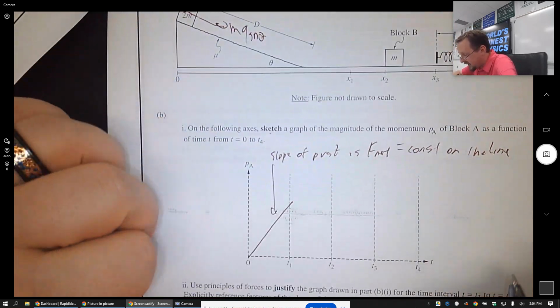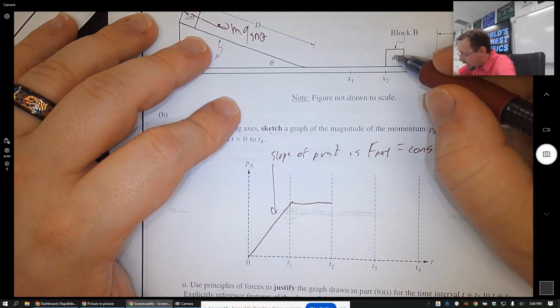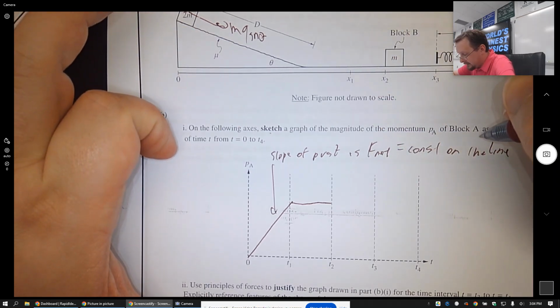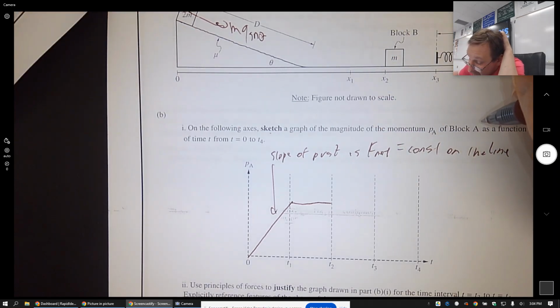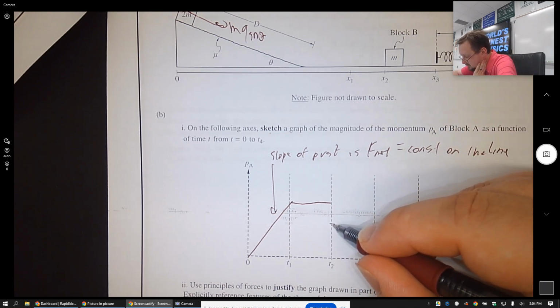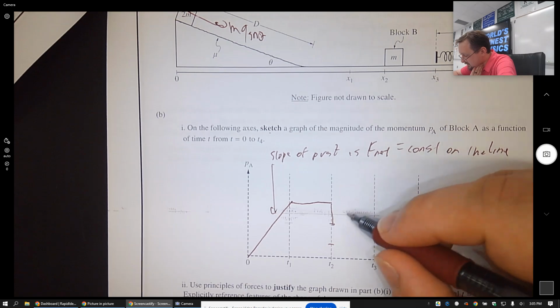So they ain't going to change. From t1 to t2, no net force. Block A is going to lose some momentum. I think he has to give 1/3 of his momentum to little m. Okay, so at time t2, he's going to lose some momentum.